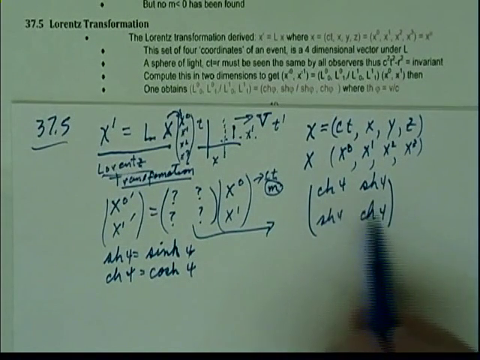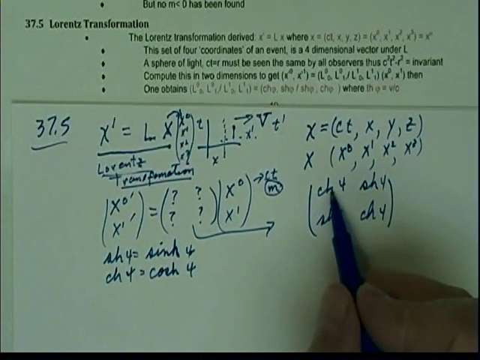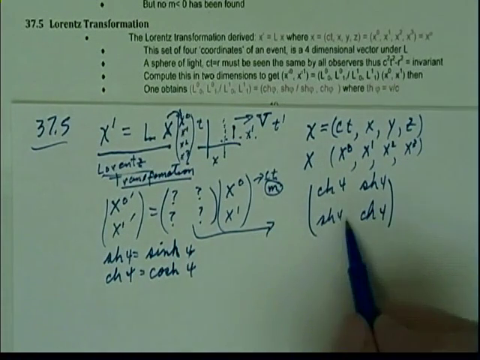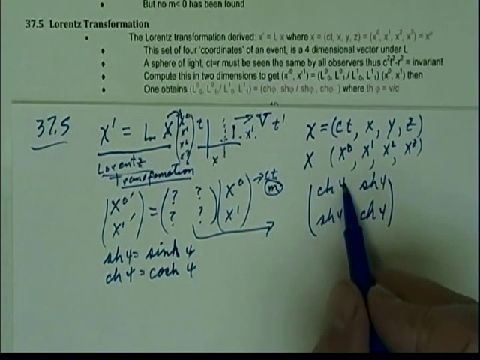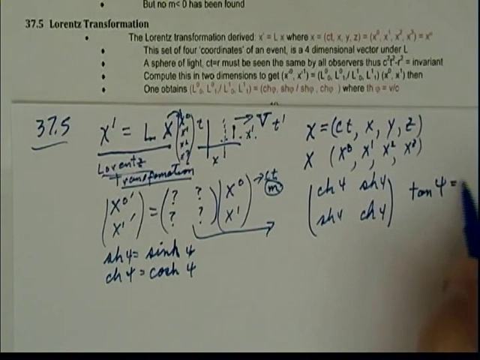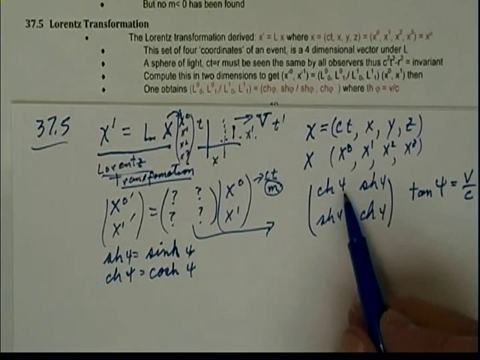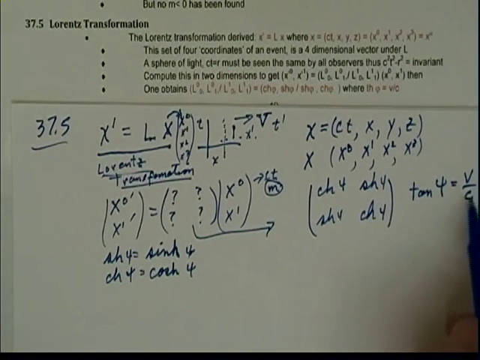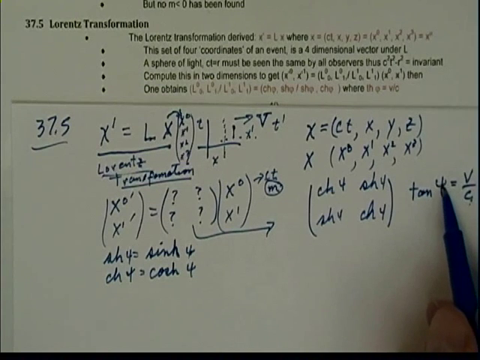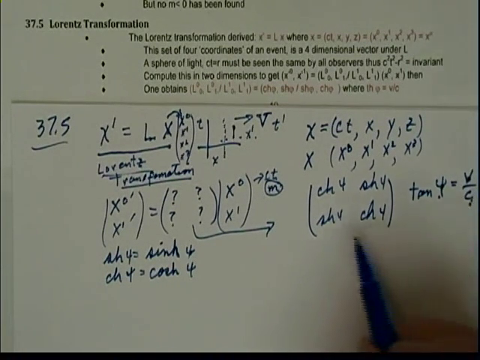These are just nicer short abbreviations. They're very similar to sines and cosines, but they're the hyperbolic versions. And it turns out that psi is such that the tangent of psi is equal to v over c. So this is dependent upon the speed with respect to the speed of light. Now, this has to be something that is dimensionless because it's the argument of a transcendental function. Therefore, it would have to be of the form v over c, and that says what fraction of the speed of light it is.